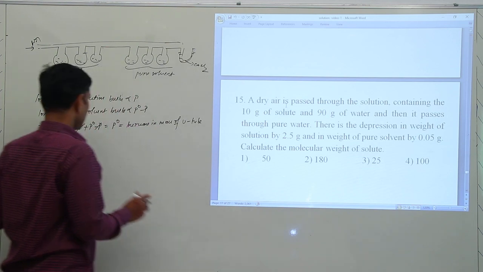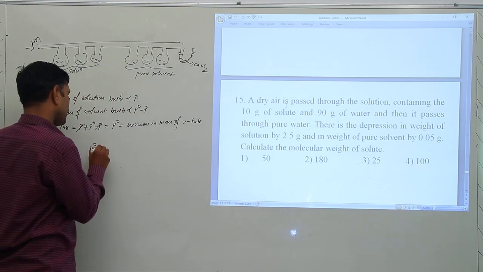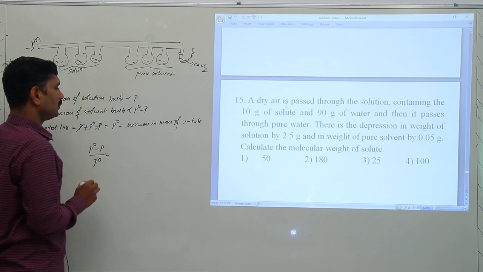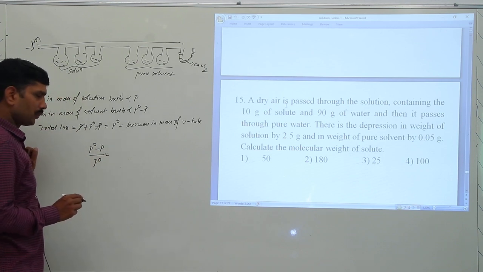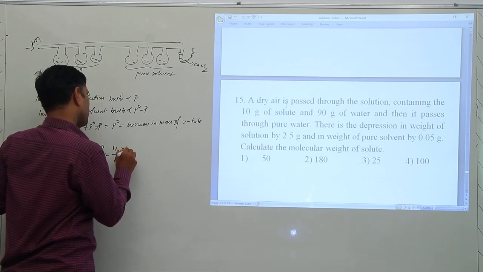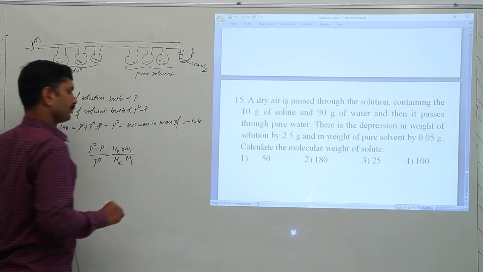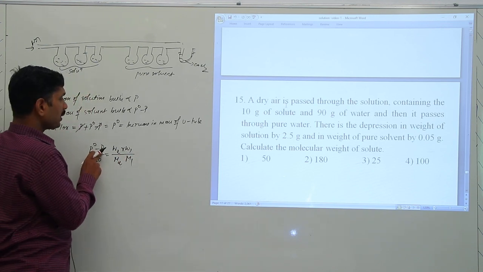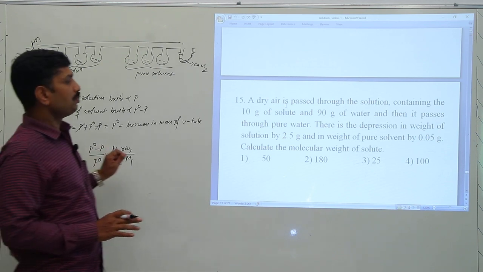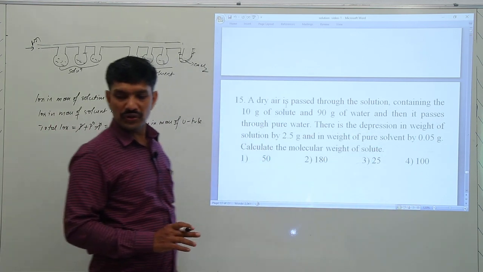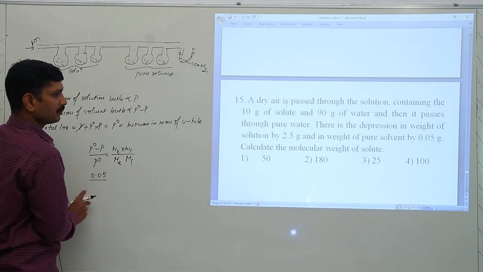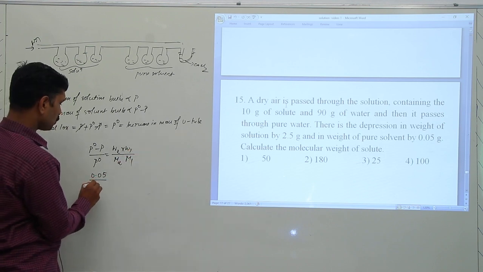So now the formula: P naught minus P divided by P naught is equal to W2 divided by M2 into W1 divided by M1. Here P naught minus P, the loss in the mass of the pure solvent, is 0.05. P naught, the loss in the mass of this one, is 2.5.